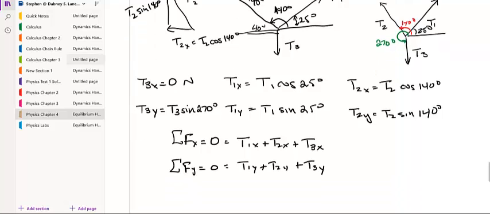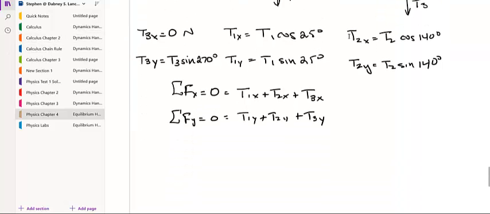Okay, so if we plug all these expressions in, T1x is T1 cosine of 25 degrees, T2x is T2 cosine of 140 degrees, and T3x, which is 0.